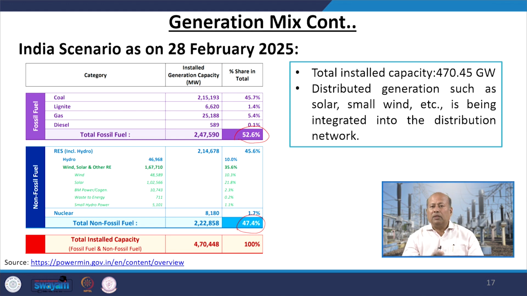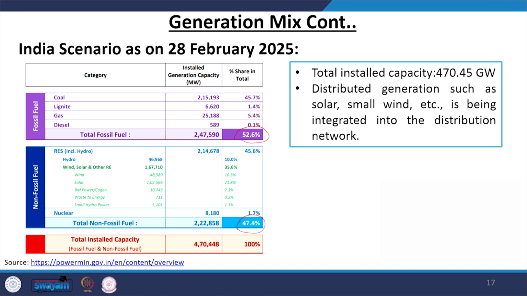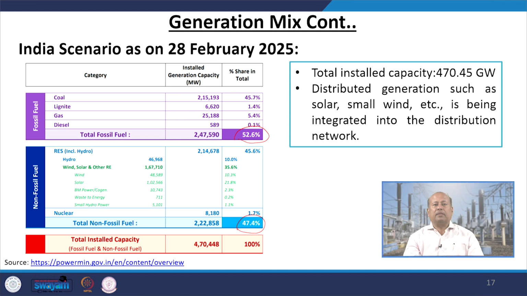Now, the total installed capacity of India is close to 470 gigawatt, and distributed generation such as solar and small wind is being integrated into the distribution network significantly, but we need to plan it properly. To my understanding, currently the Indian power network is too hungry, so any amount of renewable energy that you penetrate will be absorbed easily, but there could be a need for stability analysis due to less inertia available with PV.